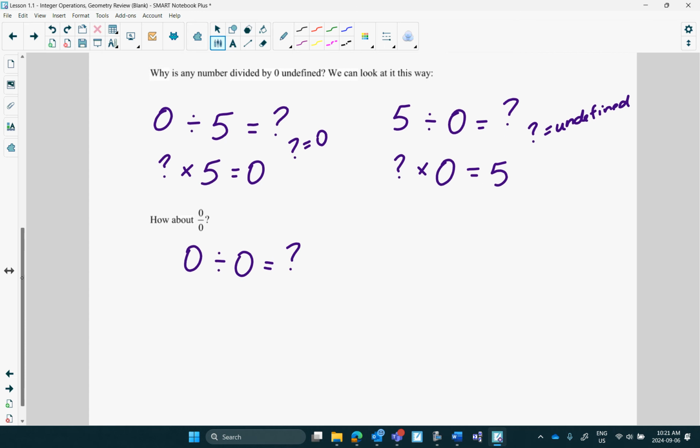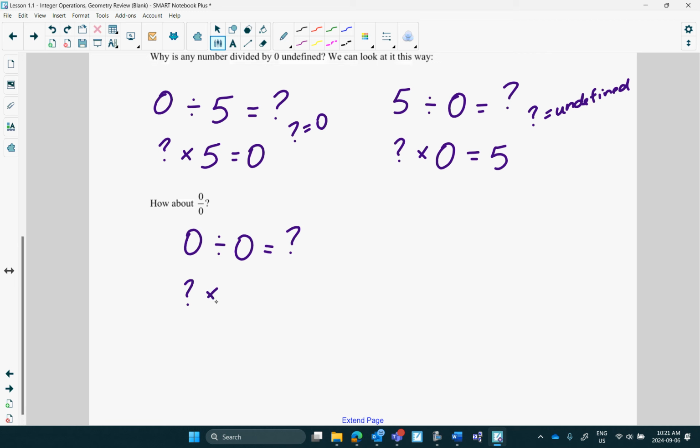That means my answer times 0 must be 0. Well, what number, when you multiply by 0, gets 0? Does 5 work? 5 times 0 is 0? Yeah. Does 10 work? 10 times 0 is 0? Does negative 7 work? Negative 7 times 0 is 0? Any number works.